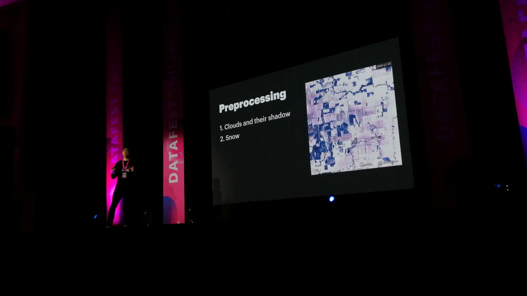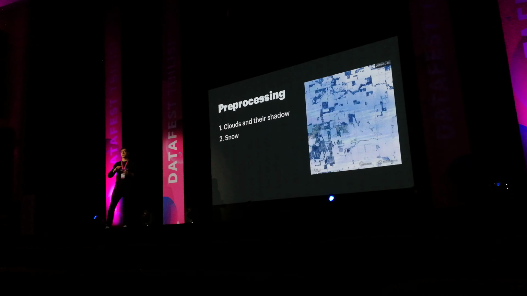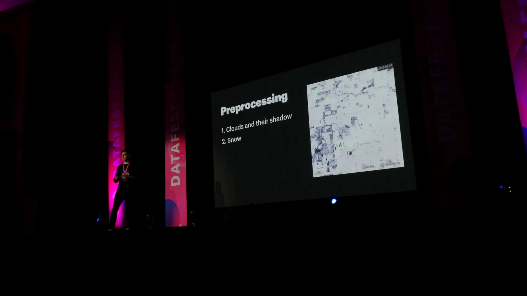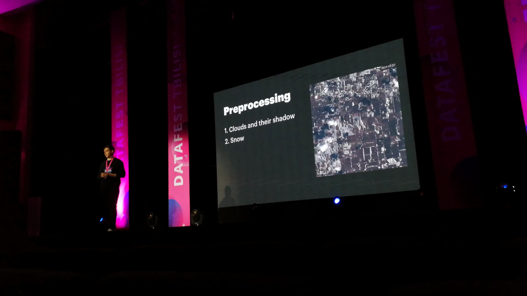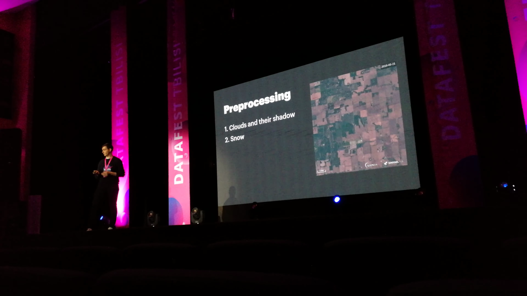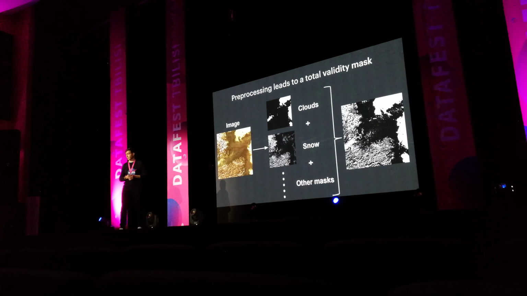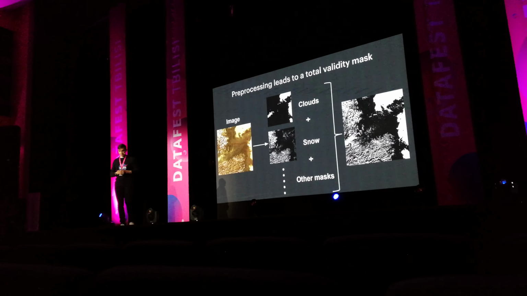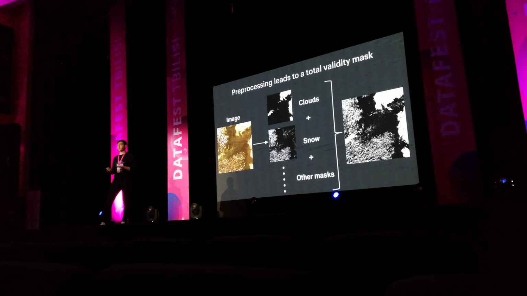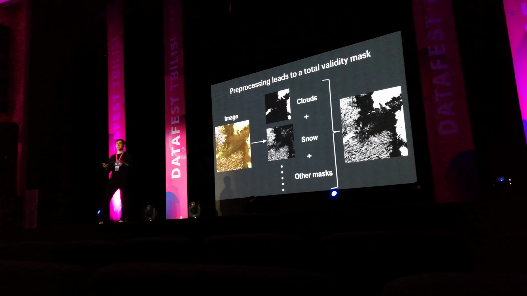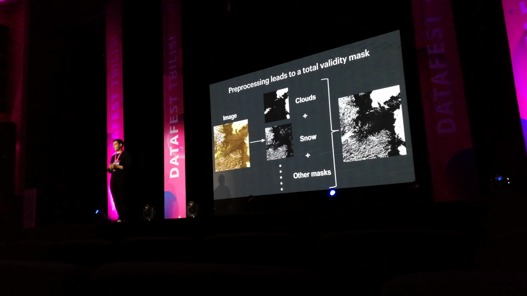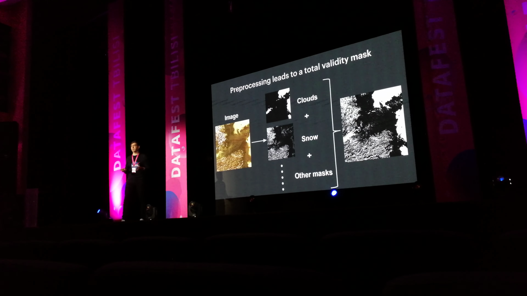Also, in some countries, fields can be covered by snow during 6 months of the year. And for that purpose, we build validity masks that show us where clouds and snow are.